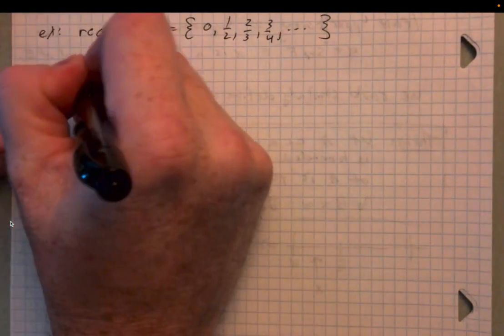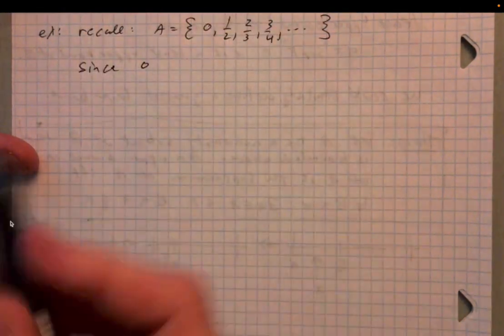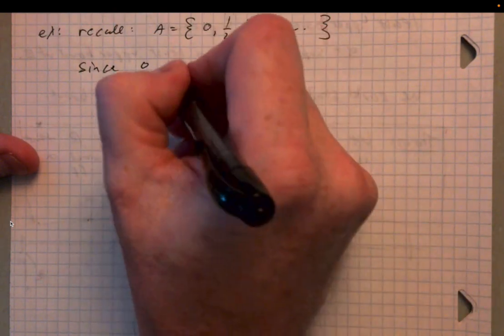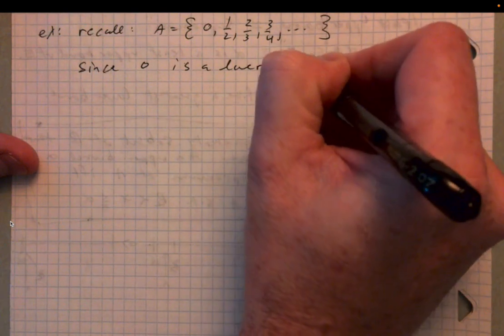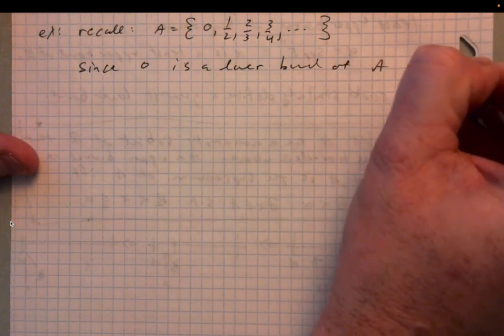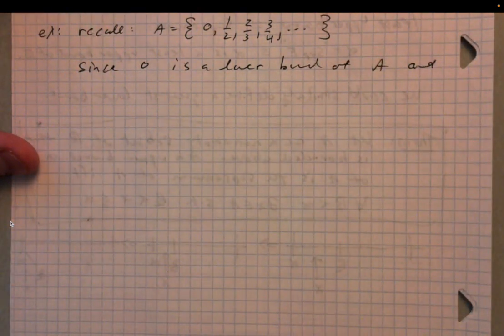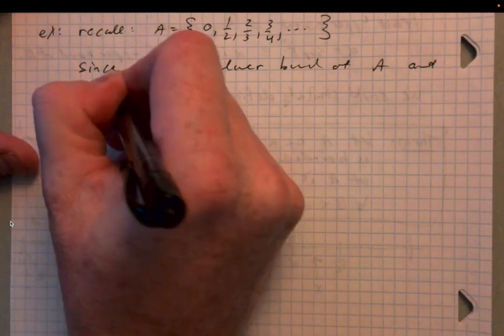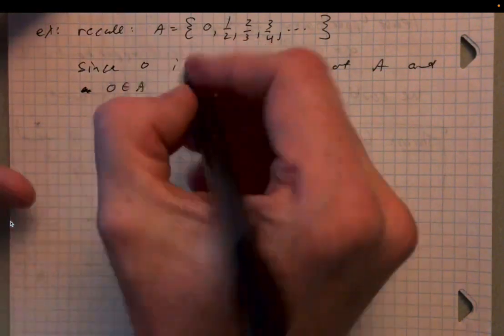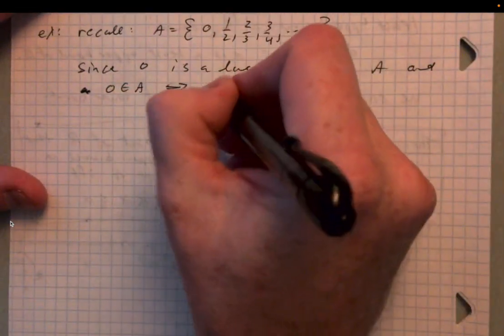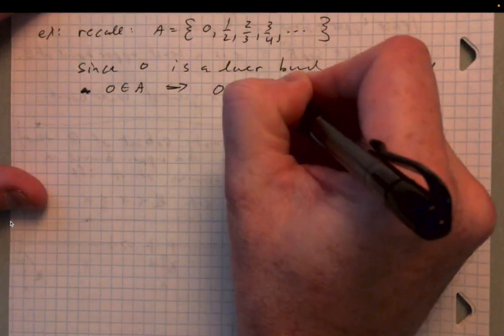Since we said previously that 0 was a lower bound of A, and 0 is in A, those two things together imply that 0 is equal to the infimum of A.